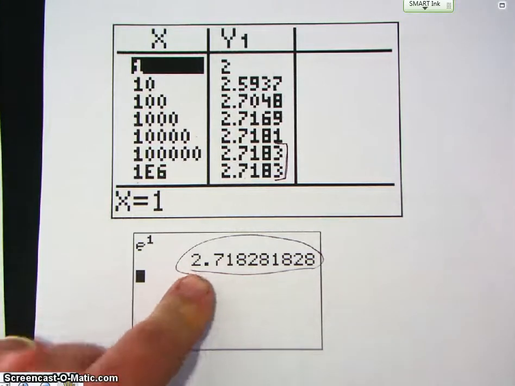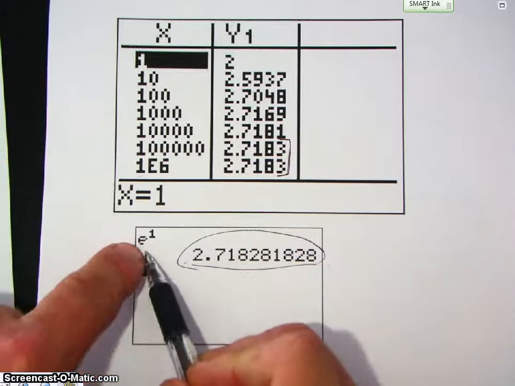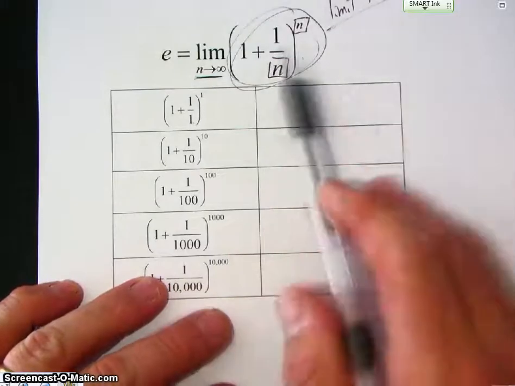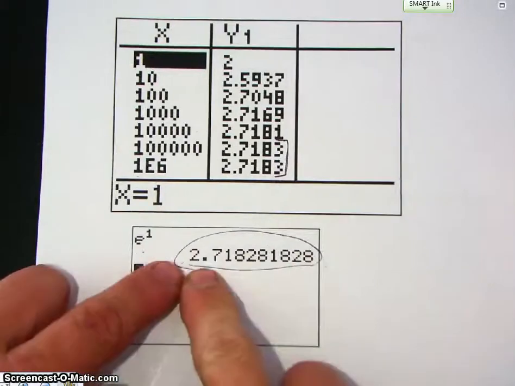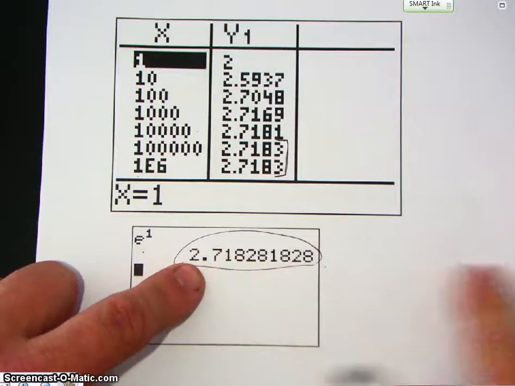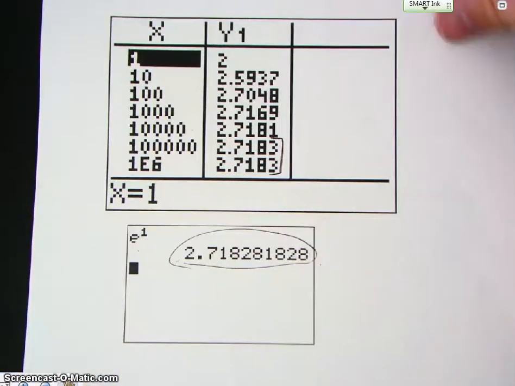I can approximate it, or I can just use the letter E. What's happening is as n increases, I keep getting closer and closer to a certain value, 2.71 and so on. We don't know where it ends, so we call it E. That's where E comes from.